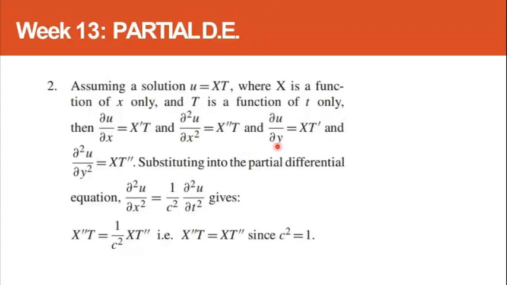And next naman natin is with respect to yung u natin with respect to y or the first derivative. So parang ang assumption natin dito, yung y natin is yung t. Kaya dito sa formula is we have yung X times the first derivative of T. And for the formula naman for the second derivative of u with respect to y natin, yung T natin is siya yung naka-second derivative.